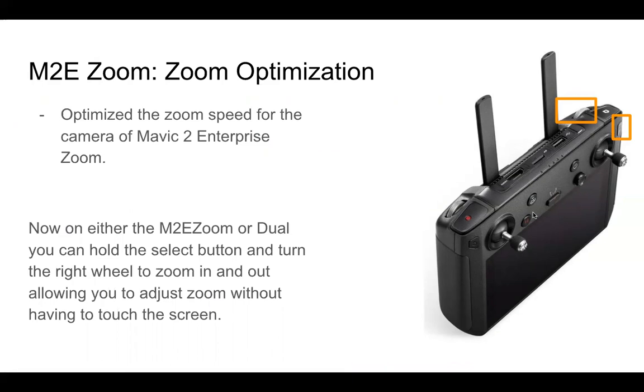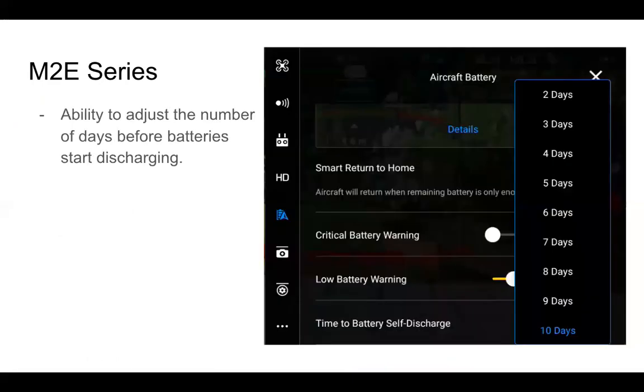So you don't have to always be tapping the screen. So colder conditions, or just, I think it's a lot easier to control as well. FYI in that regard. Able to set the battery time to self-discharge as well. Up to 10 days. And that's about it.